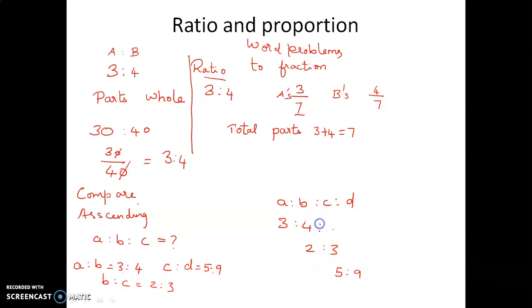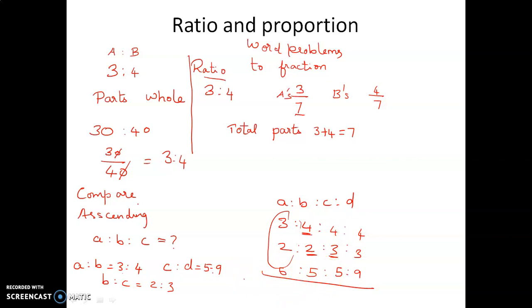What are the remaining numbers you will write in the leftover places? Whatever number is there at last, the same number has to be repeated. Here 3, so here 3. Here 5, so 5 here, here also 5. Here 2, so here 2. You will multiply all these numbers and find the ratio of A:B:C:D.